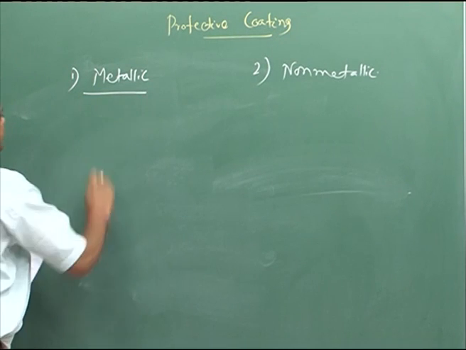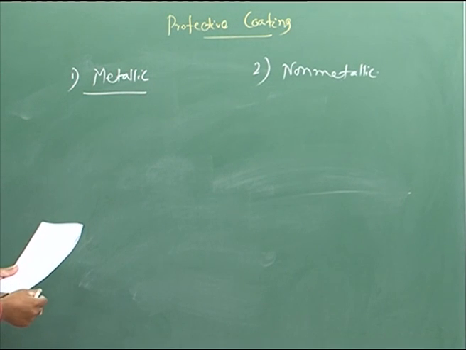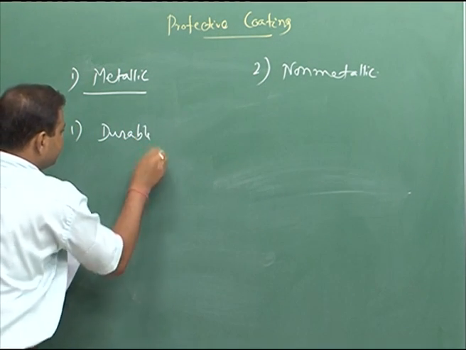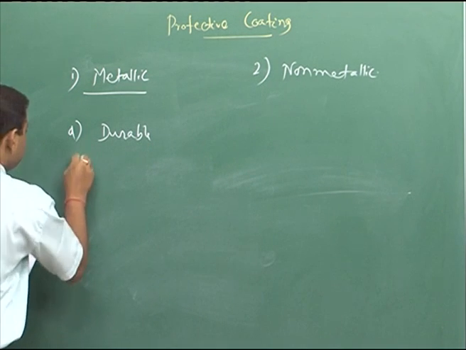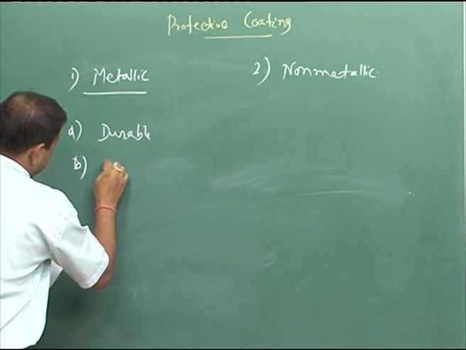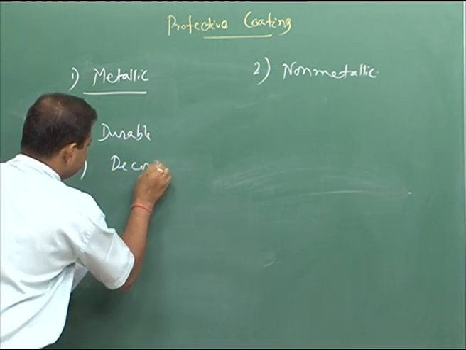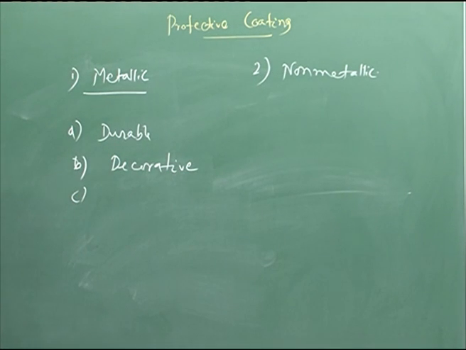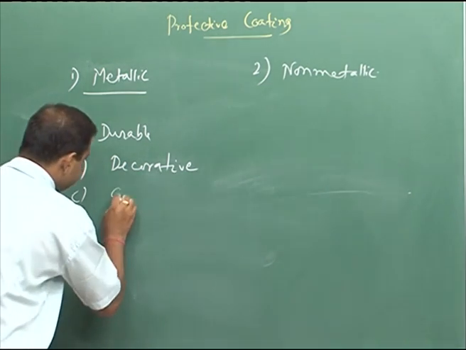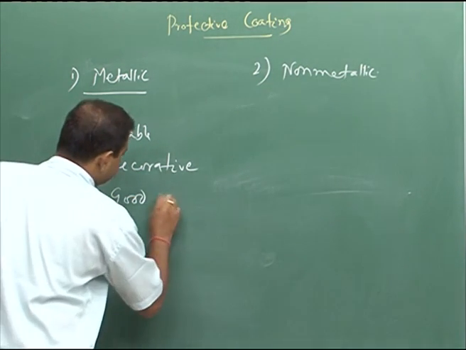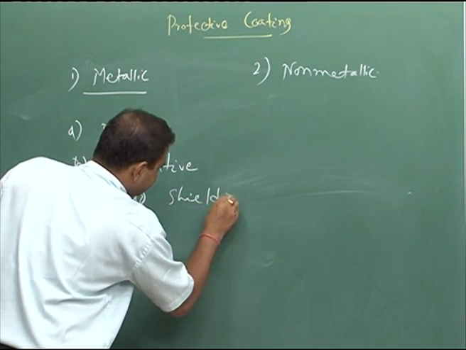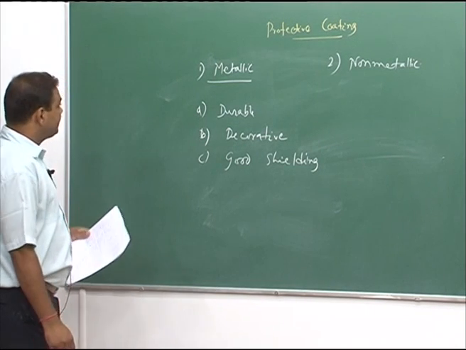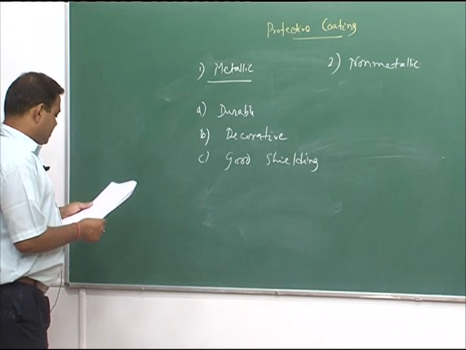The characteristics of metallic coatings are that they are more durable, their aesthetics are good, they are decorative, and they can give very good shielding against corrosion. So, these are the basic characteristics or importance of metallic coating.